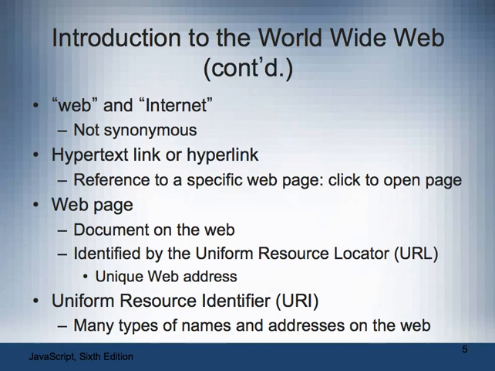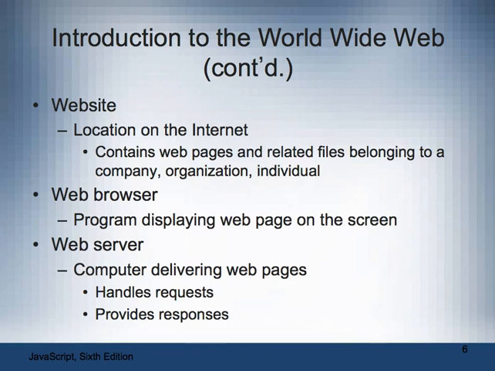URLs are a type of URI, or Uniform Resource Identifier, a more generic term for many types of names and addresses on the World Wide Web. A website is the location on the internet of one or more web pages and related files, like graphic and video files that belong to a company, organization, or individual.